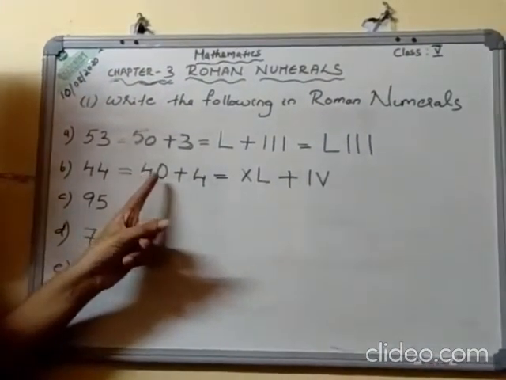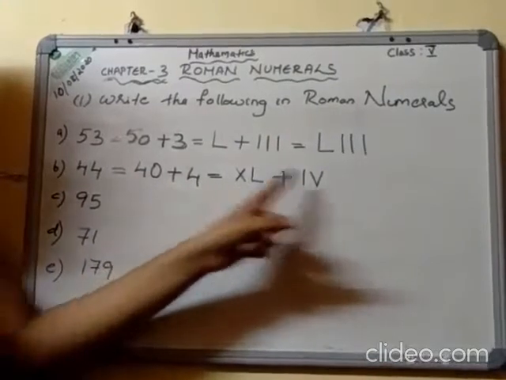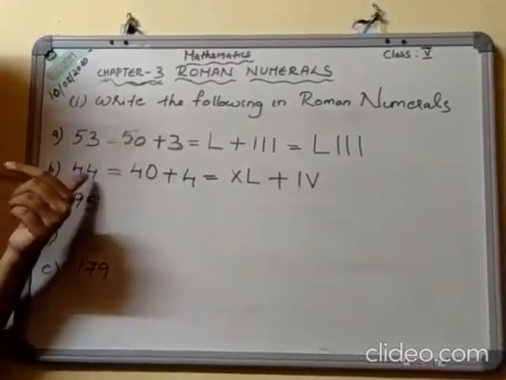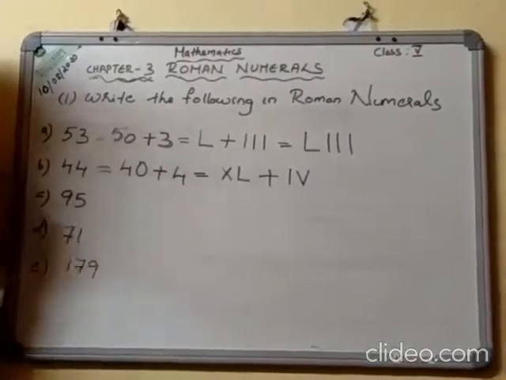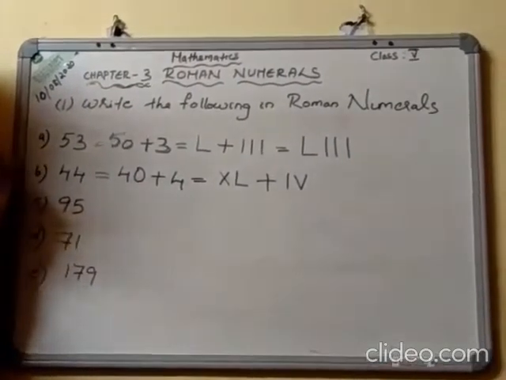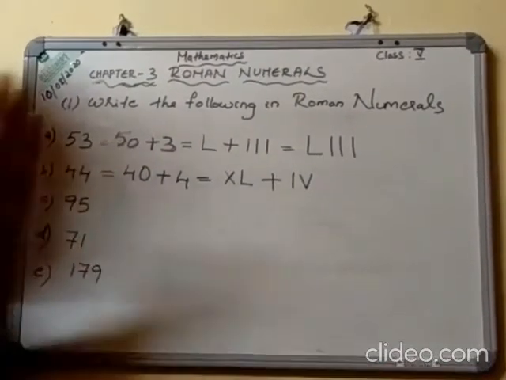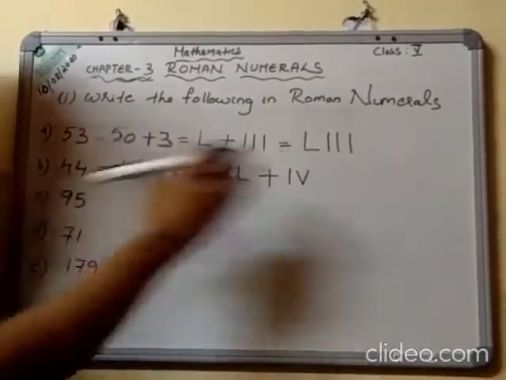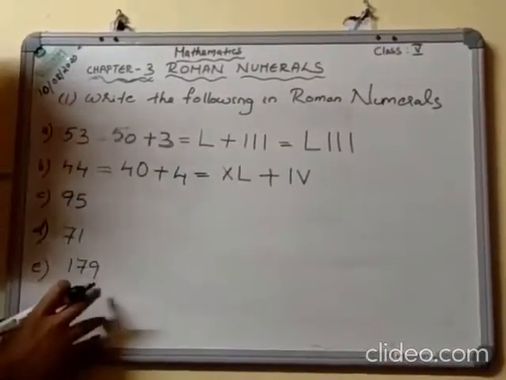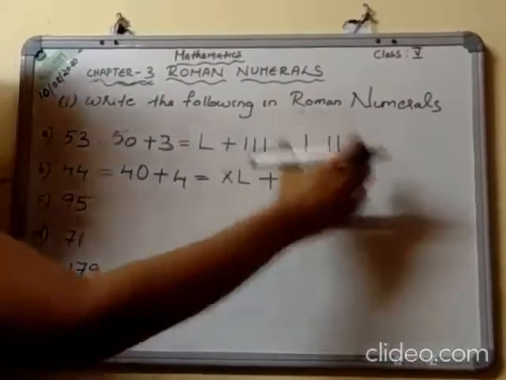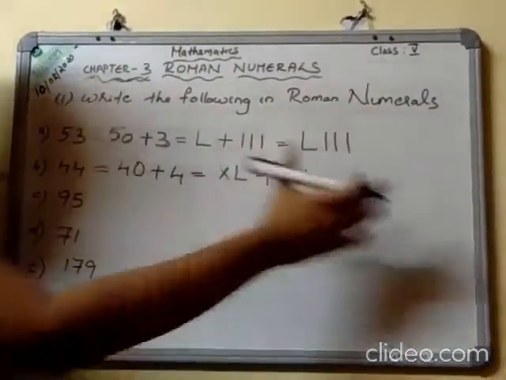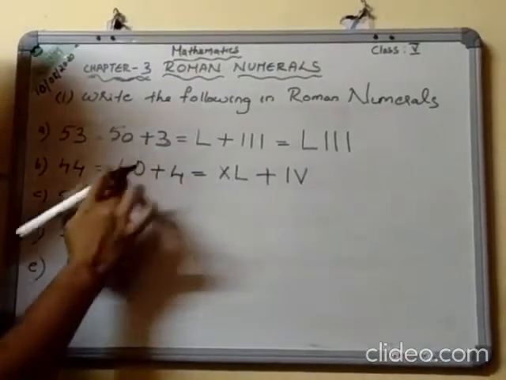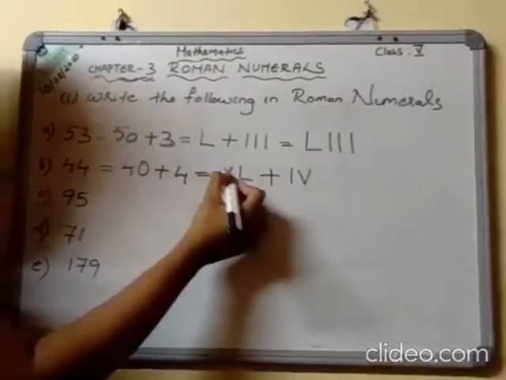If you do not know how to represent 40 and 4, it will not be easy for you to represent 44. So study the table given in the previous video, or the table in your textbook, so that it will be easier for you to represent other Hindu-Arabic numerals in Roman numerals. So 44 is equal to 40 plus 4, and 40 can be written as XL.